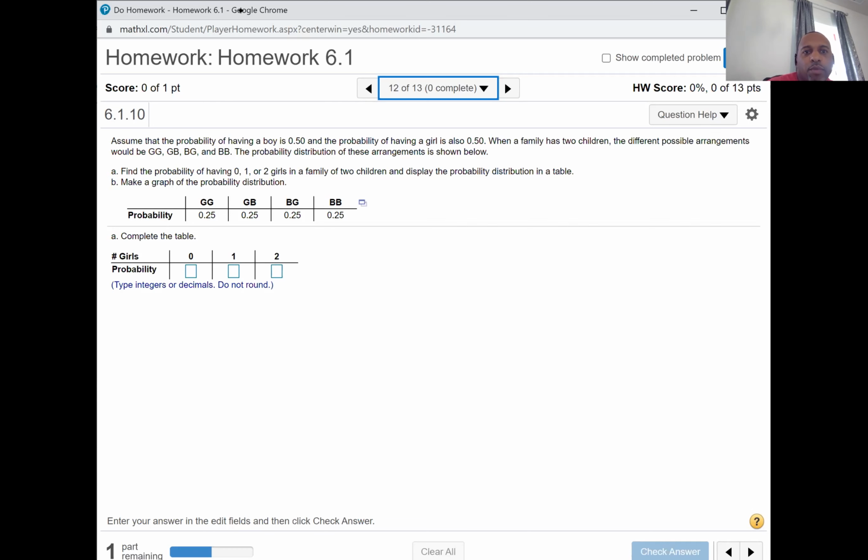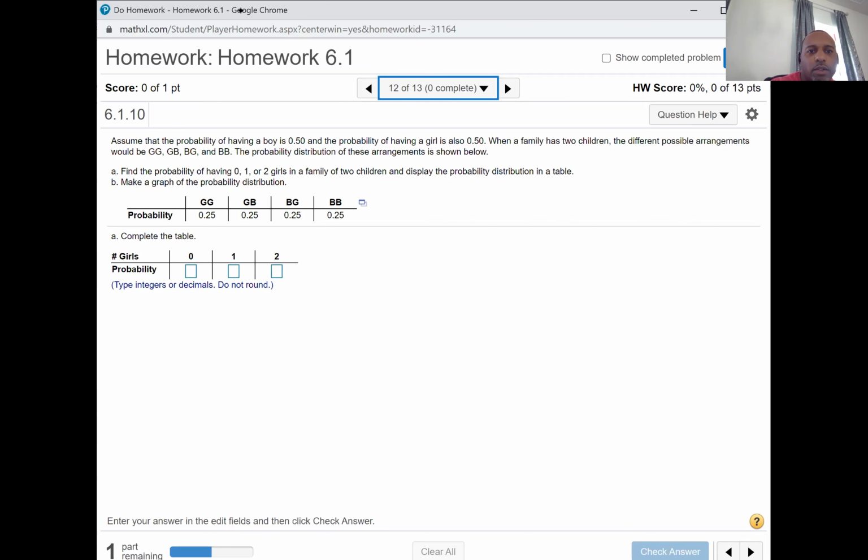So it says assume that the probability of having a boy is 0.5. Probability of having a girl is 0.5. Okay, it's going 50%. When a family has two children, the different possible arrangements are GG, GB, and so on. The probabilities of these arrangements are shown below. It says find the probability of having 0, 1, 2 girls in a family of two children.